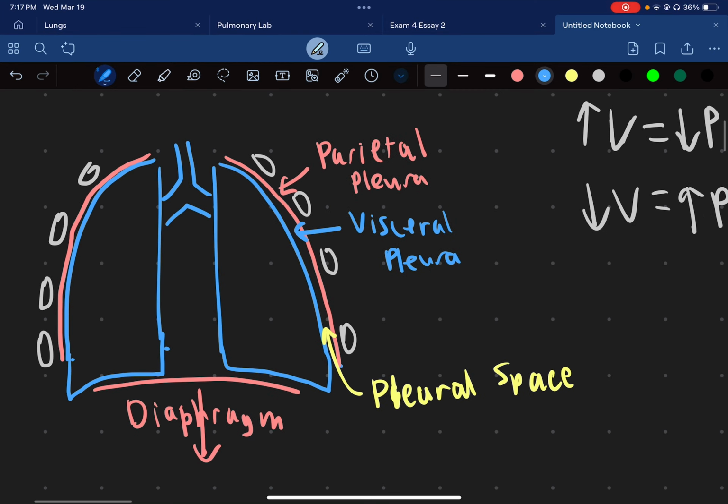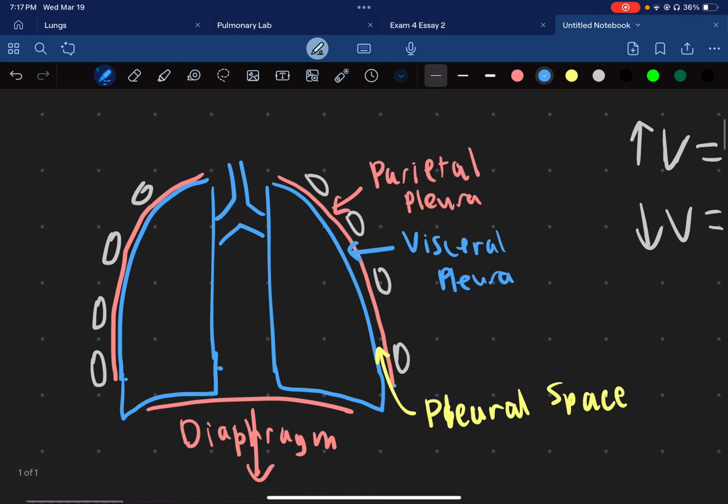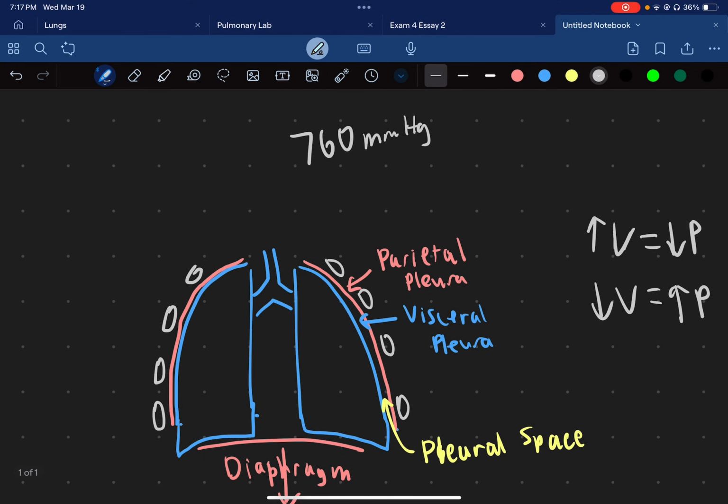As the volume increases, the pressure is going to decrease. And so if our pressure inside the lungs, say it's 745, and that's less than the outside, air is going to have to come in to the lungs.